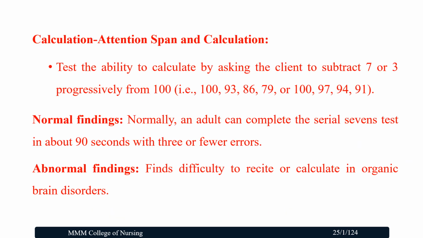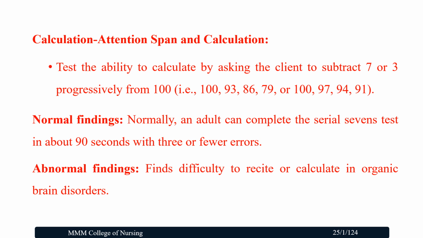And in the calculation, there is attention span and calculation. Here, ask the client to recite the alphabet or to count backward from 100. Test the ability to calculate by asking the client to subtract 7 or 3 progressively from 100.